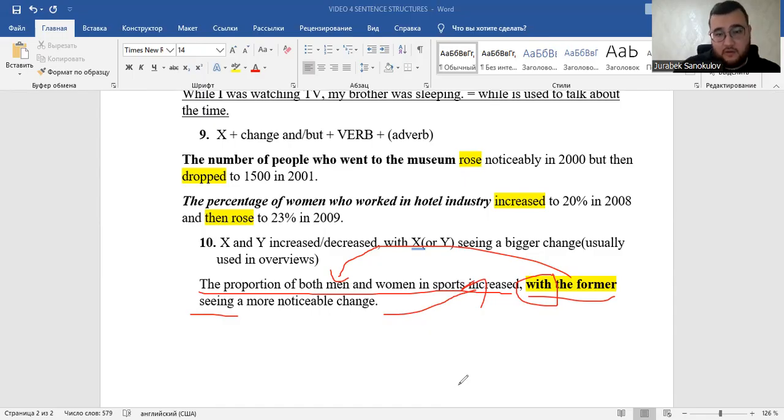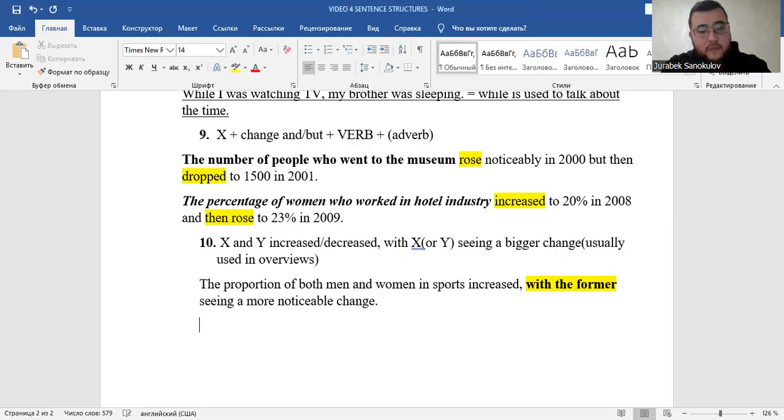I didn't want to repeat the same word. So that's how you will do it. You can use former when you only talk about two things, not three things. When you talk about two things, you can use former. But when you have three things, you cannot use former.